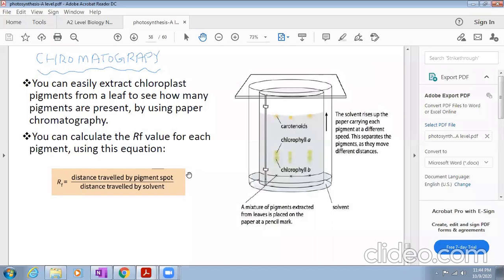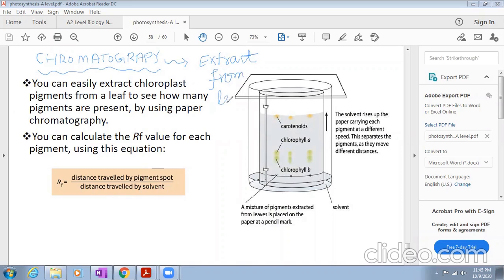All right, so another topic we have is chromatography. Chromatography is a technique in which we separate different substances in a mixture on the basis of their solubility in a solvent, right? For example, we have an extract from a plant leaf.